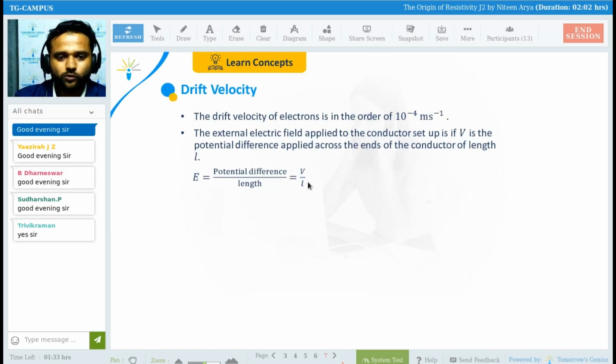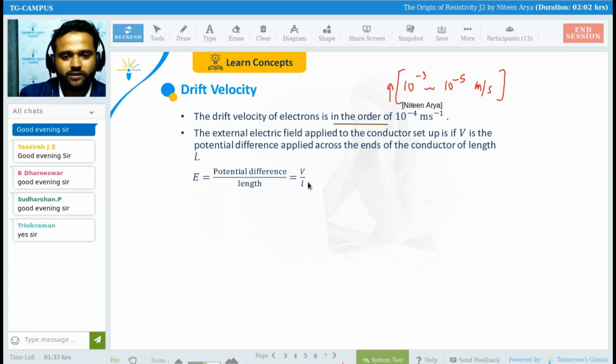Okay, so moving ahead, drift velocity. This is just a little data. The drift velocity of electrons is in the order of 10 to the power -4, but the actual range is 10 to the power -3 to 10 to the power -5 meter per second. That is the actual range of drift velocity.